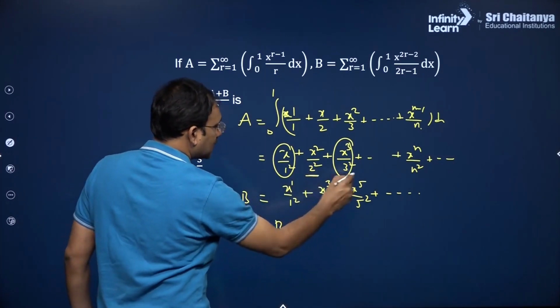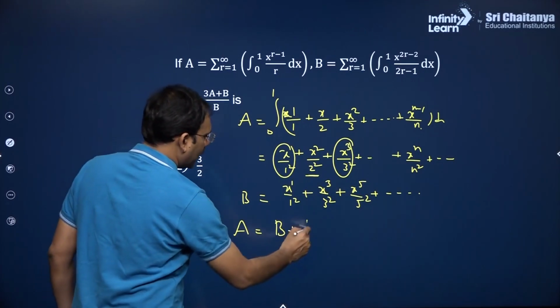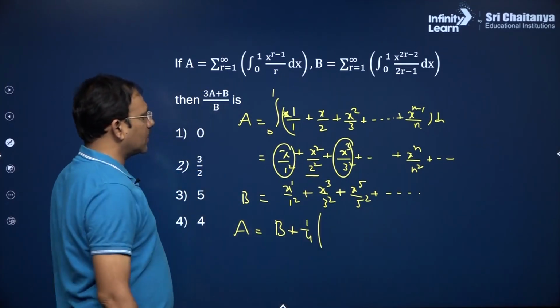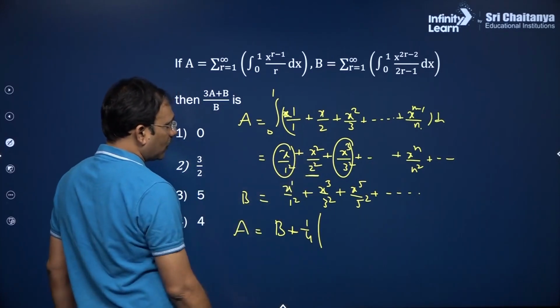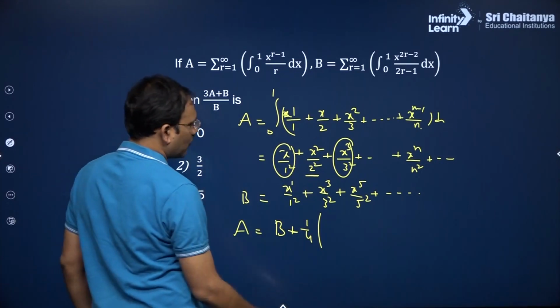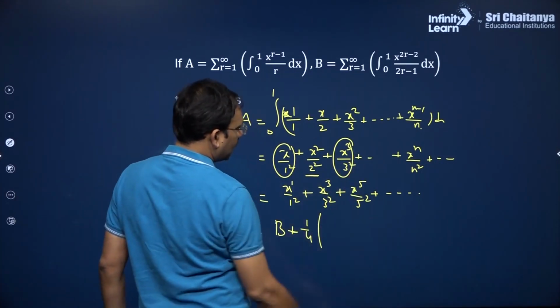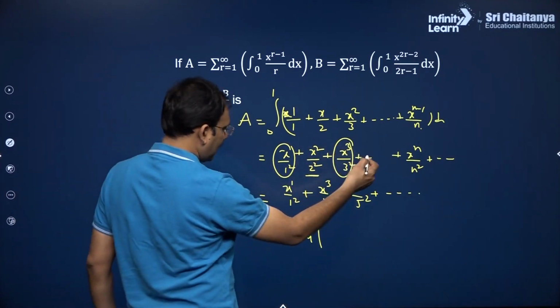In the rest of the terms, my dear friends, if you take 1 by 4 common, you can say, here again x by 2 square, if you take 1 by 2 square, you will get x by 1 square plus x power 5. x power 4 will become x square again, and so on.